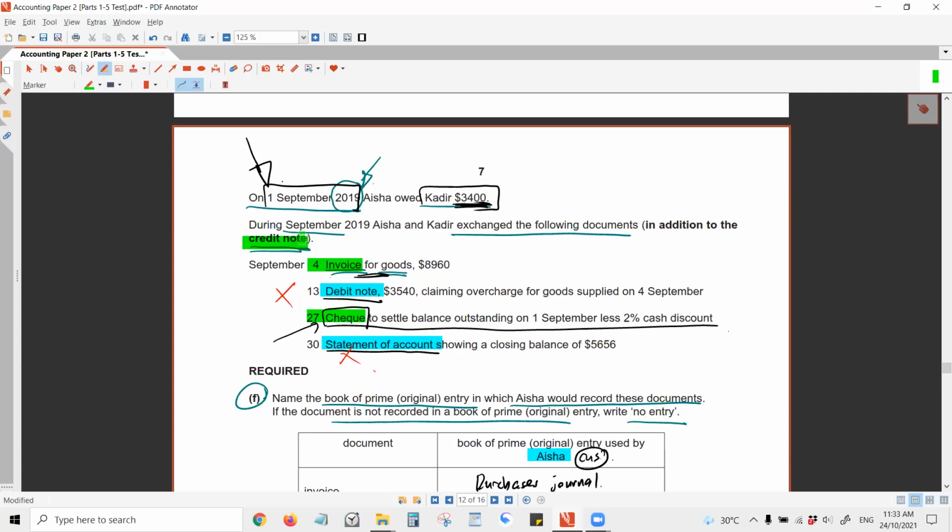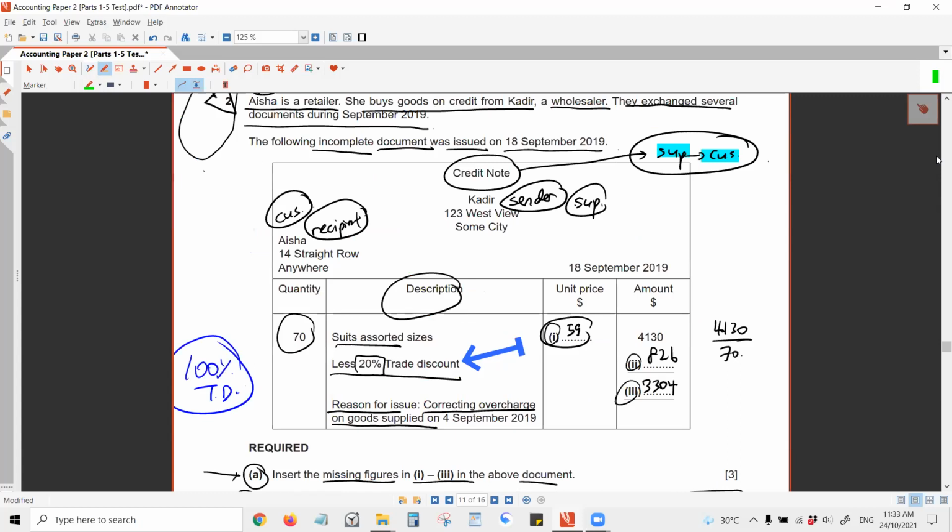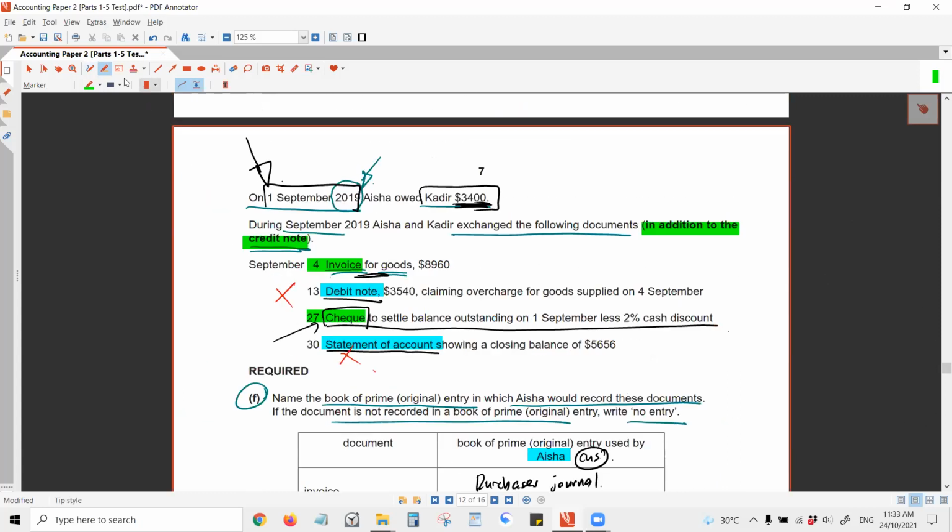Do we ever record a credit note? Yes, we always record credit notes. Look at the document here: the 18th. The 18th is in between these two dates, right? So you record the 4th first, then the 18th, the credit note, then the 27th. Then we are finished.